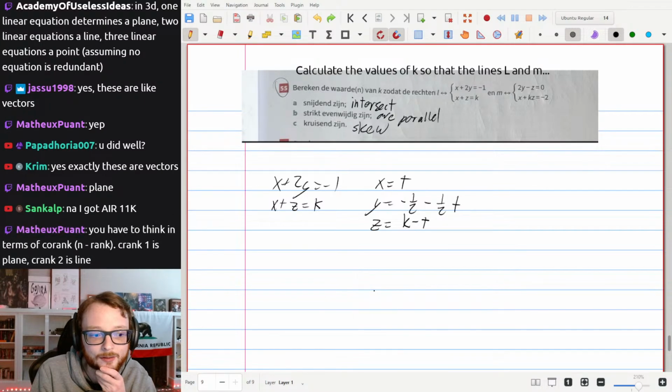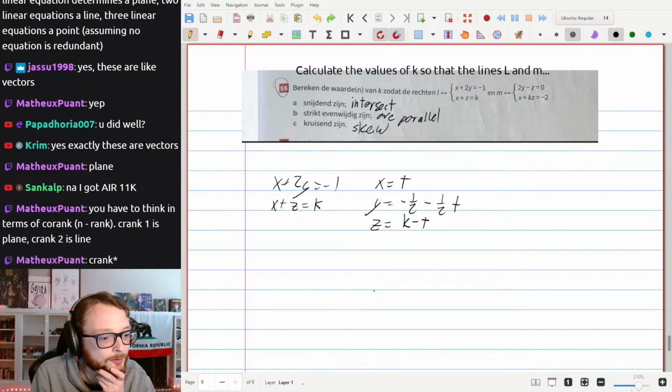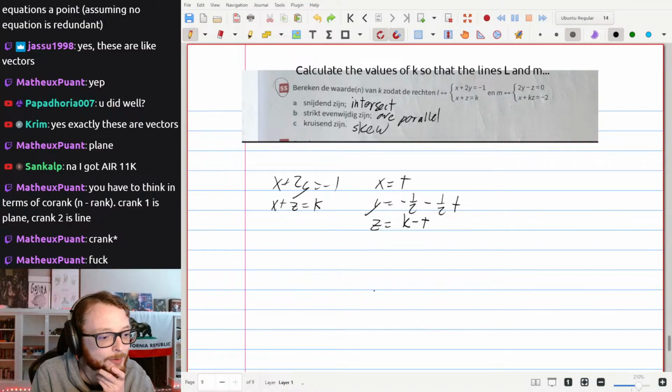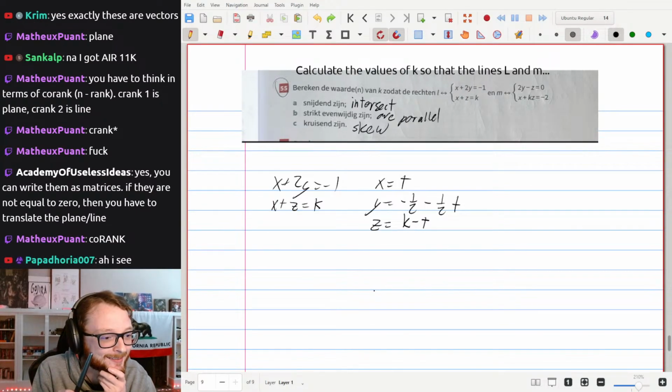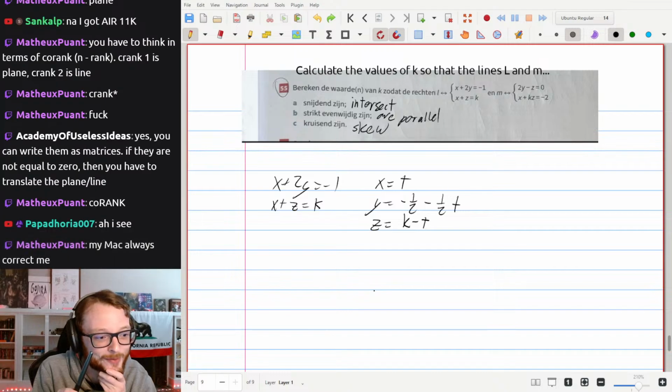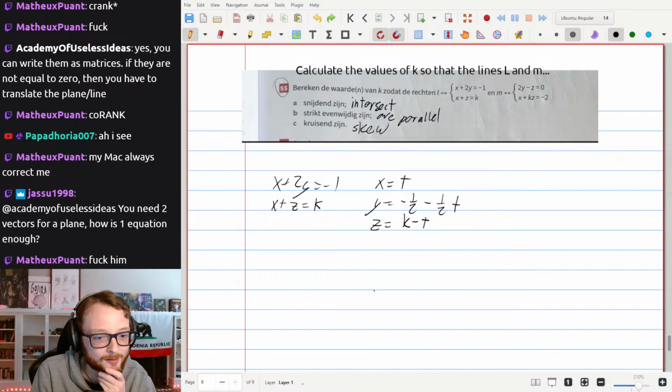Co-rank, n minus rank, columns minus rank. Is that what I would have learned as the left null space? N minus R, maybe not. I don't remember.